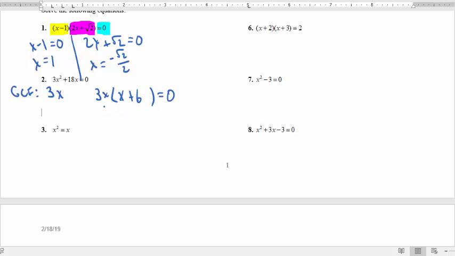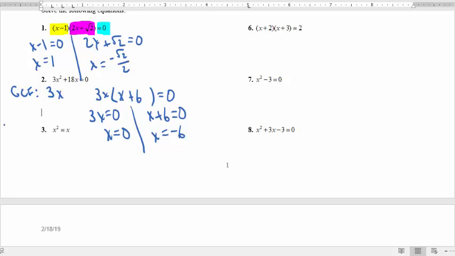So in this case, now I'm in this a times b equals 0 form. So now I just set 3x equal to 0, x plus 6 equals 0, and I get my two separate solutions, right? So here I divide by 3, so I get 0. Here I subtract 6, so I get x equals negative 6. All right? So again, pretty straightforward.